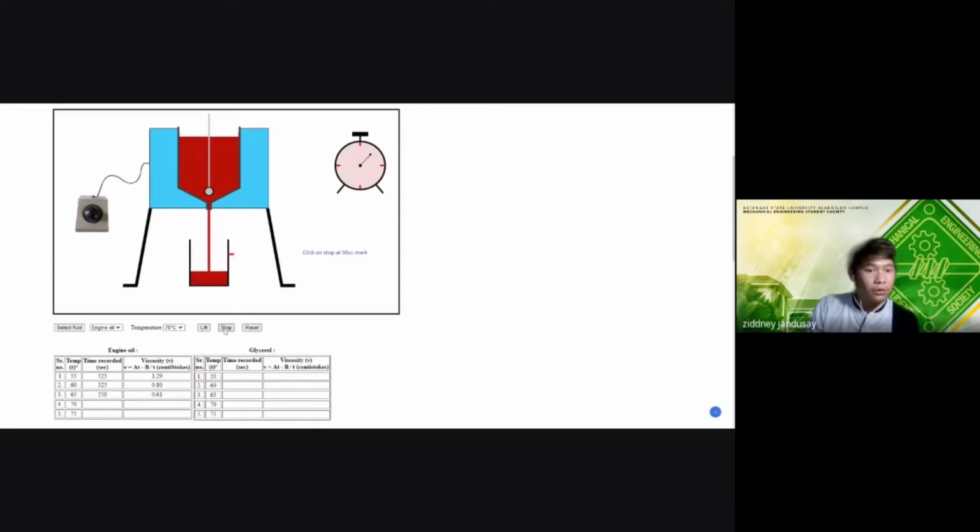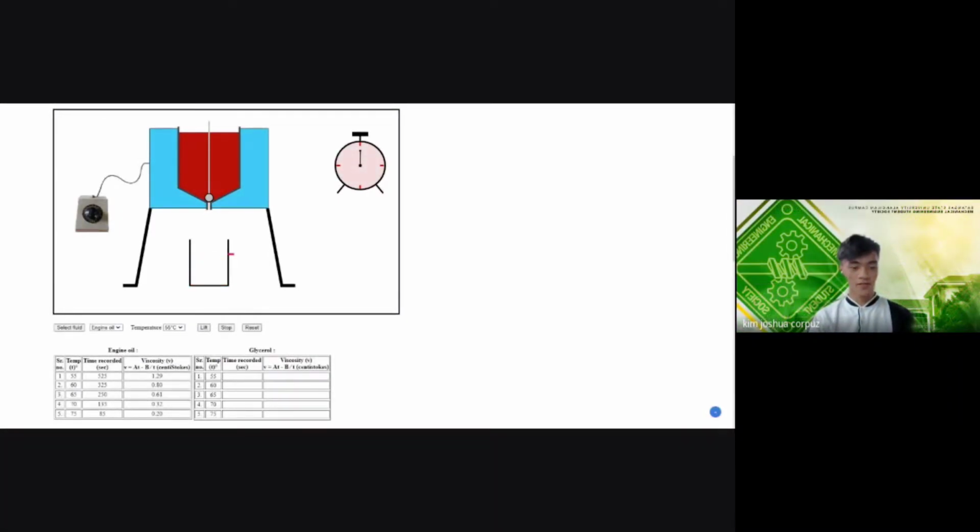So as you can see, our recorded time is 135 seconds, and the viscosity is 0.32 centistokes at 70 degrees Celsius. And for the last trial, the time we got is 85 seconds and 0.20 centistokes at 75 degrees Celsius.